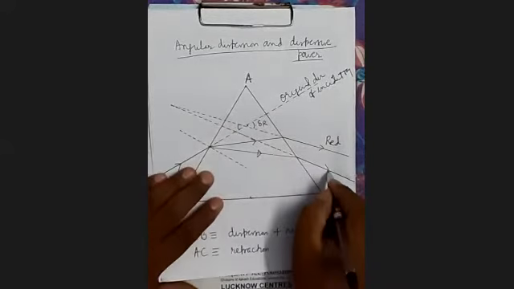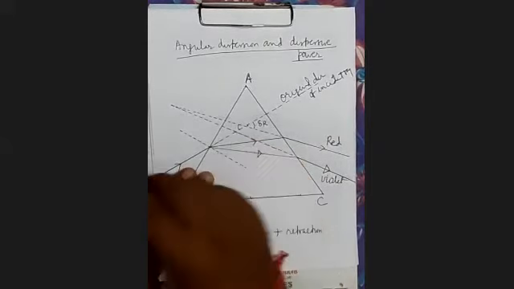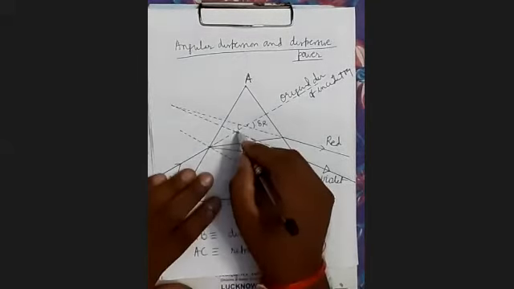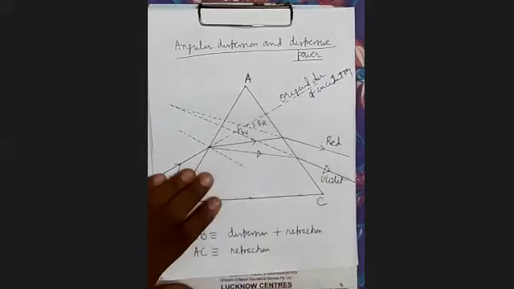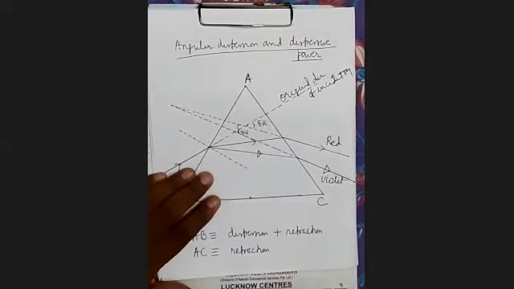It's clear. For this, what will be the angle of deviation? You can see here the angle of deviation will be this angle. This will be del V. This point is clear. This angle will be the angle of deviation for violet color.